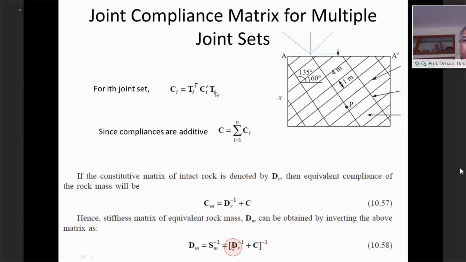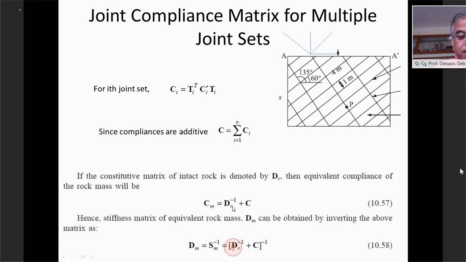C1, C2, there will be two compliance matrices we are going to get. Then we are going to add them together. This will give us the total compliance coming from the joints. Now once we get this, in between the rock is also there. So if the rock's constitutive matrix is DR, the inverse of DR will be the constitutive compliance matrix of the rock.